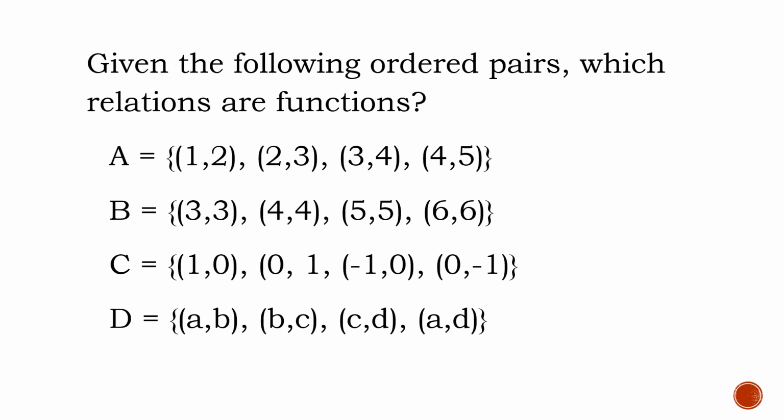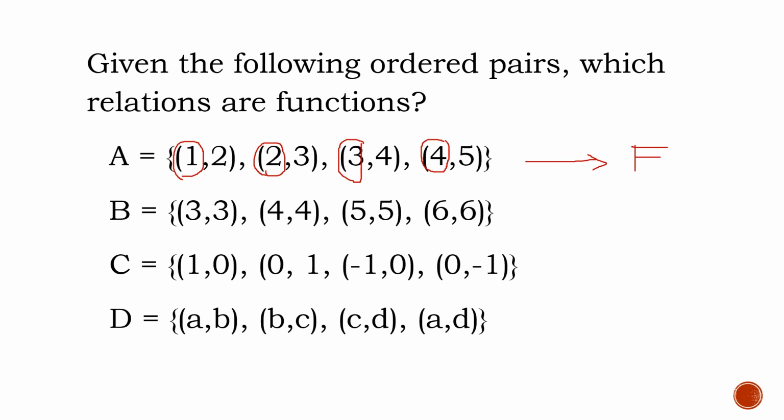First thing to do, for letter A, we need to check if there's a repetition in your x value. In your x, first x will be 1, second x is 2, your third x is 3, your fourth x value is 4. So if we try to observe your set of ordered pairs now under your A, there is no repetition in your x value. So meaning to say, your letter A is a function.